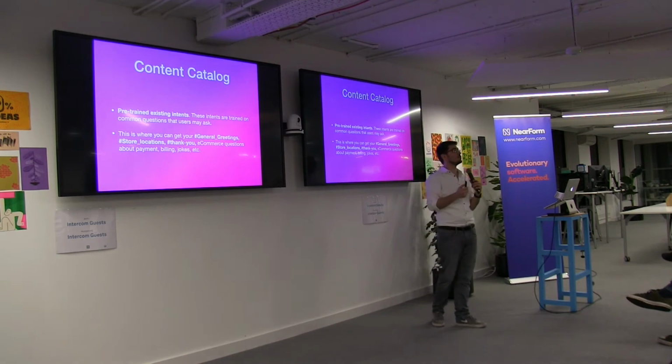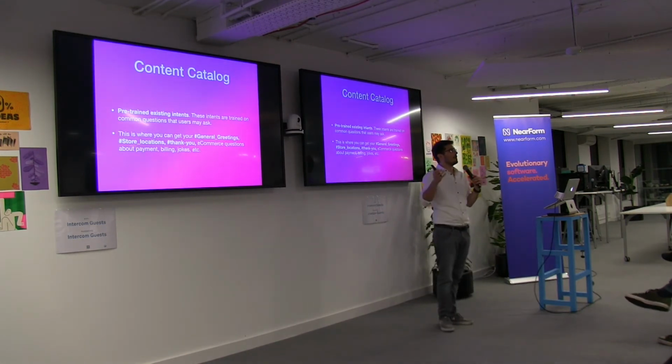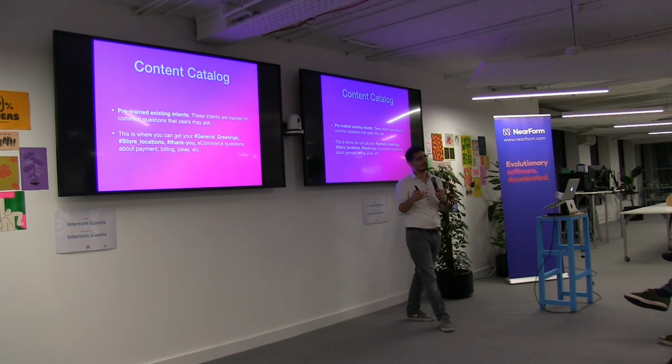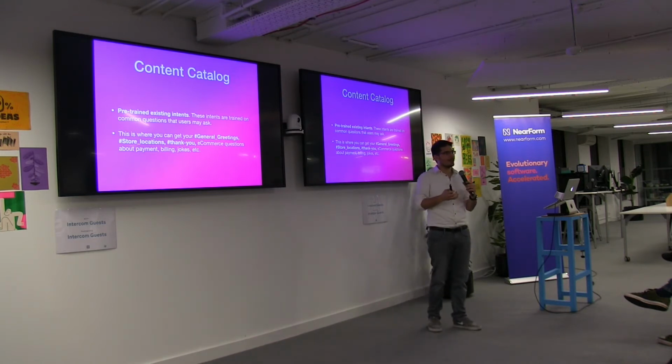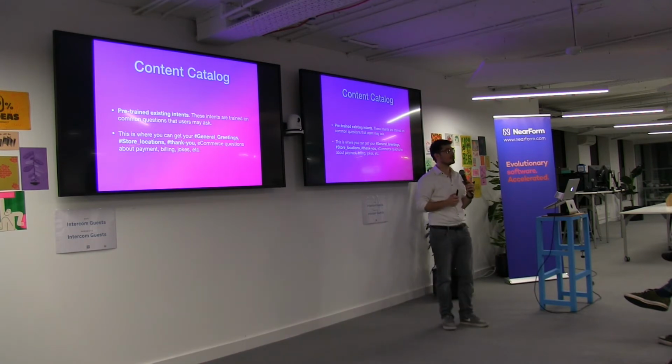These are pre-trained existing intents that do things. So there are general greetings, there are locations, right? There are a lot of intents that are already created now, so you don't have to figure out how to say, where's your nearest shop, because there are 20 options already there that you can bring in, and it's all built in. And you can ask them for billings or jokes too.